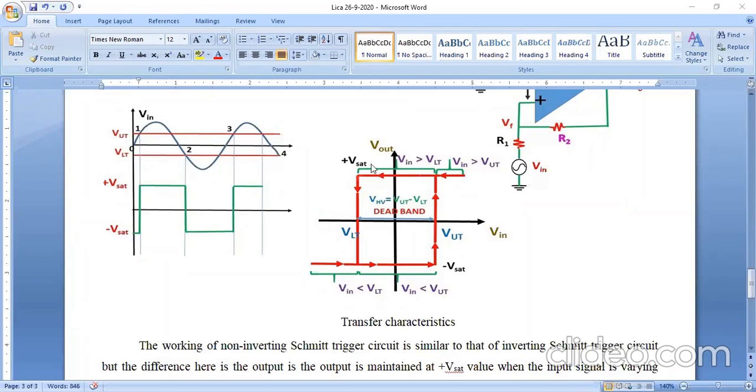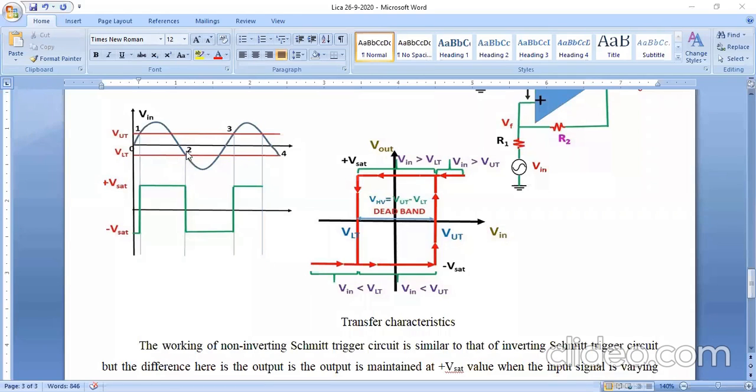From the next instant, the red dotted line is reaching toward the lower threshold value, and then it continues toward negative maximum.